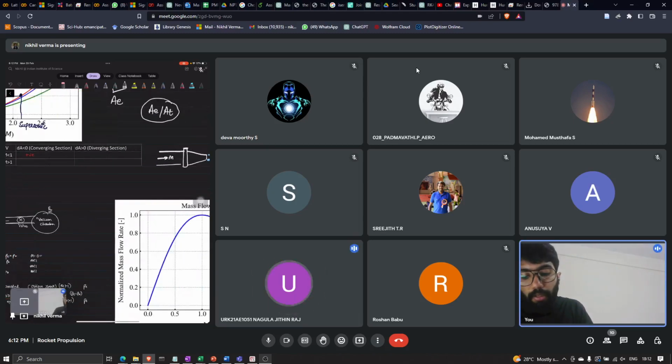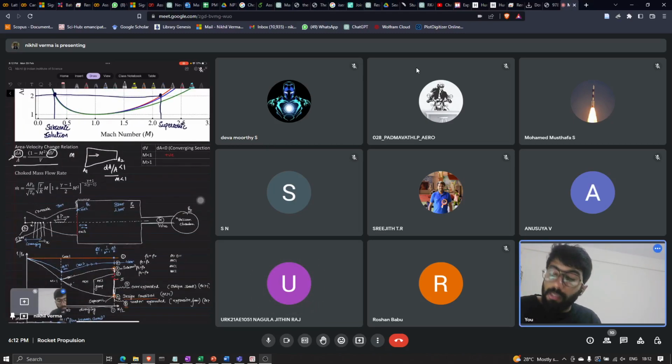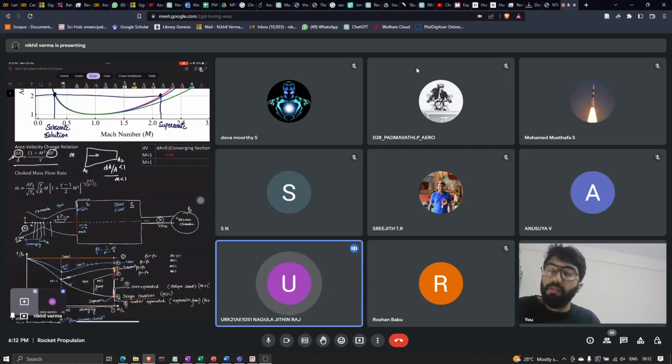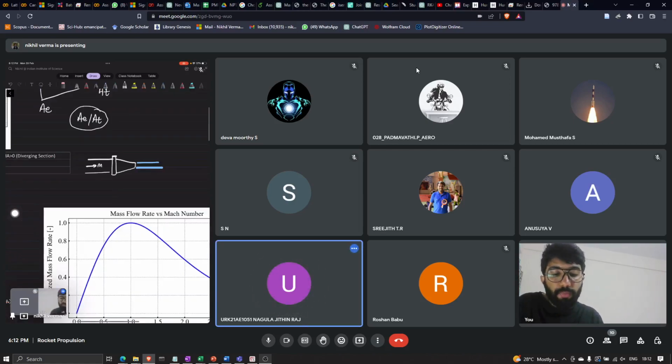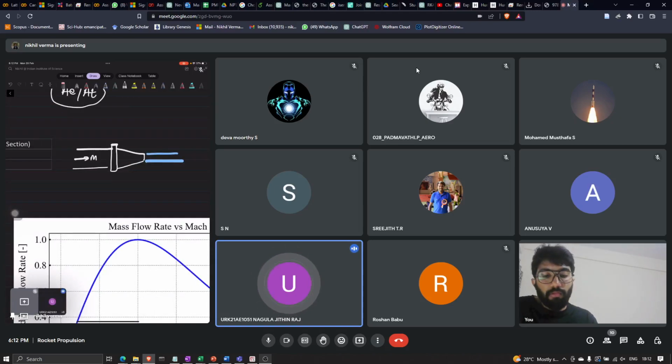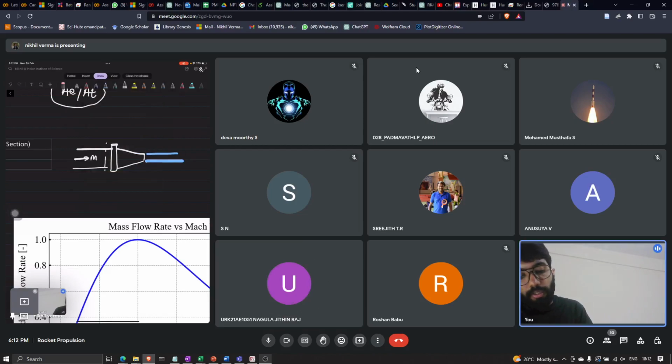Minus A dP. Which part? This part, right? So the momentum equation, if you take along this section, you have pressure P1 plus rho 1.